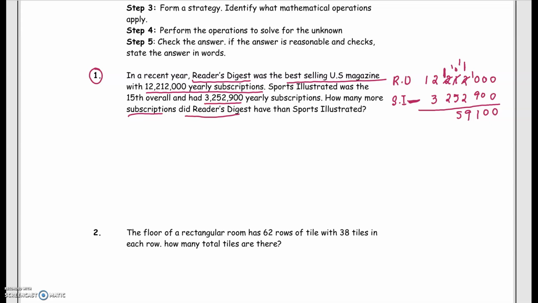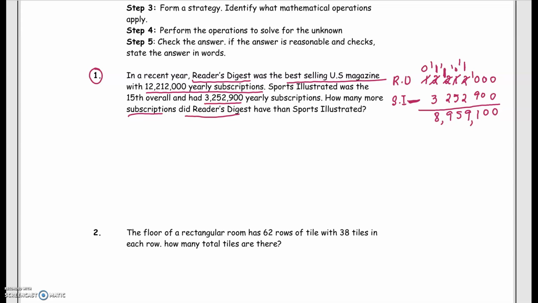And next is 1 minus 2. Cannot be done. So we borrow. And that becomes 11 minus 2 is a 9. And then we have a 1 minus 3, which cannot be done. So we borrow. This becomes a 0 and that becomes 11 minus 3 is 8.